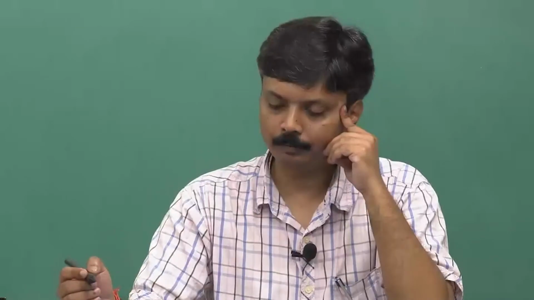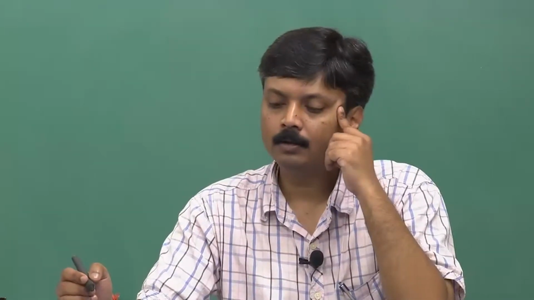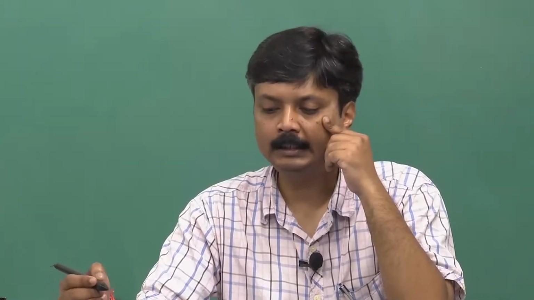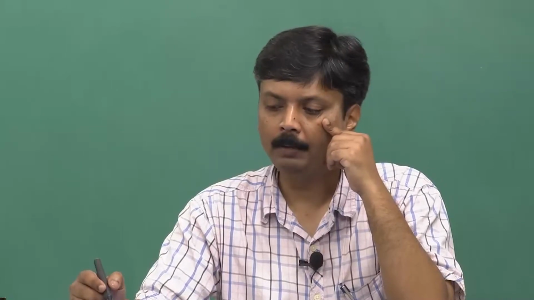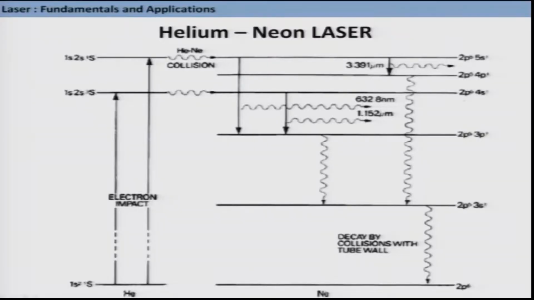Now there are several states below this 2p6 5s1 or 2p6 4s1, and a few of them take part in lasing action. The lasing action takes place between this state and this state, and the corresponding wavelength is 3.391 micron.